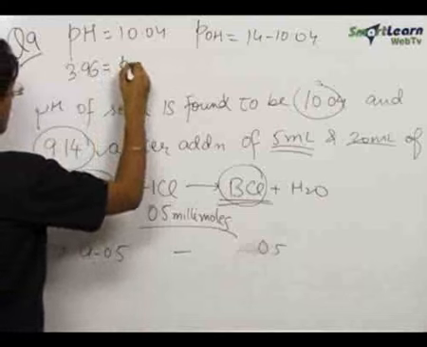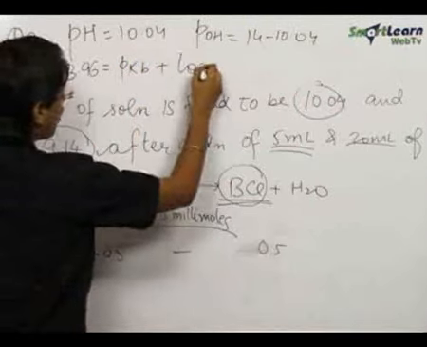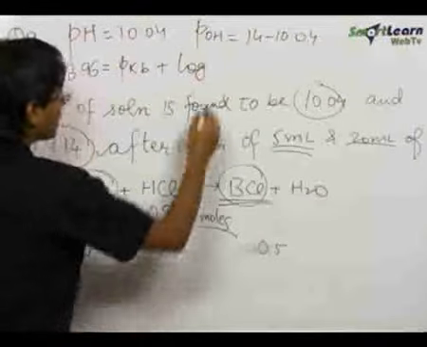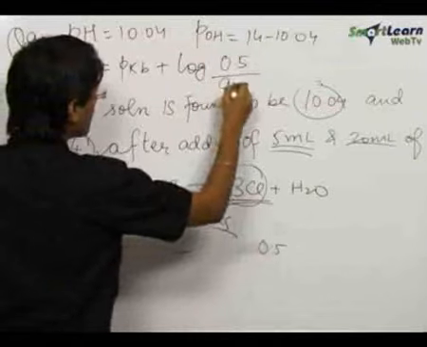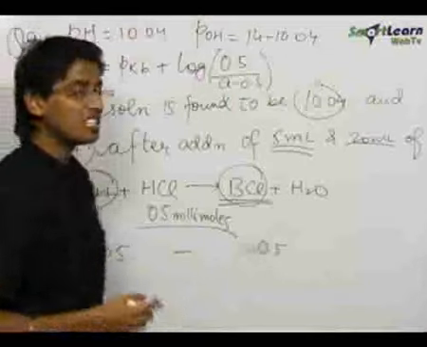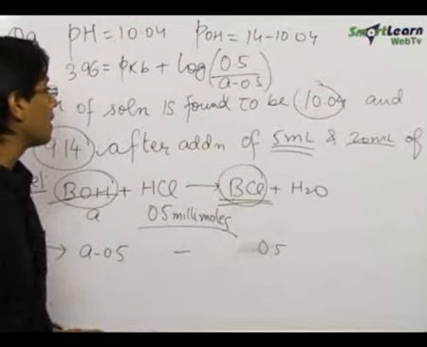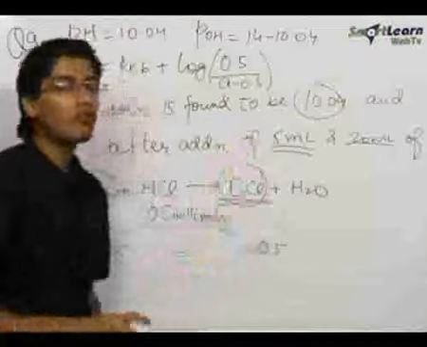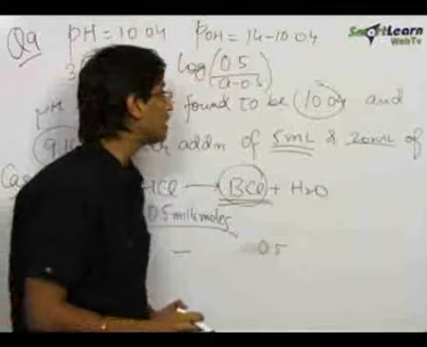This is equal to pKb plus log of salt upon base. Here the salt is BCl, that is 0.5, upon the base, that is A minus 0.5. Actually we need to take the concentration, but the volume for the flask is 40 ml, and hence when we divide this by 40 and this by 40, the 40-40 factor gets cancelled, and hence we can take the ratio of the number of moles present at equilibrium.